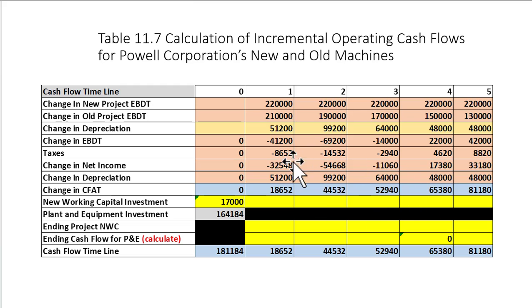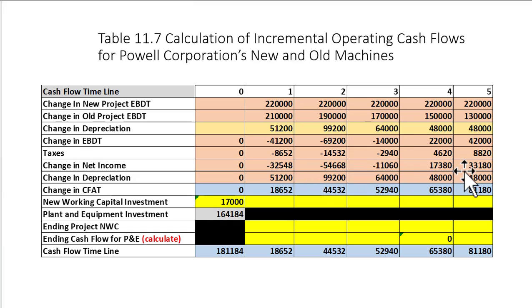So in the spreadsheet, the numbers follow down. Here's the change in the new project's earnings before depreciation and taxes. Here's the old project. Here's the change in depreciation. So in the end, we have a change in earnings before depreciation and taxes. Subtract out the taxes. And then we have a change in net income. Again, these are all formulas.